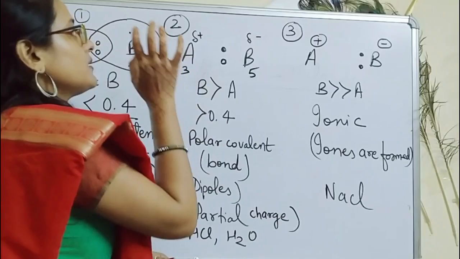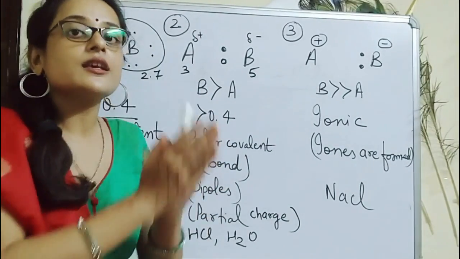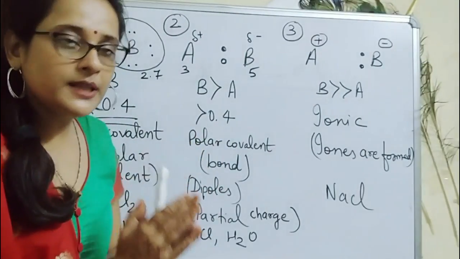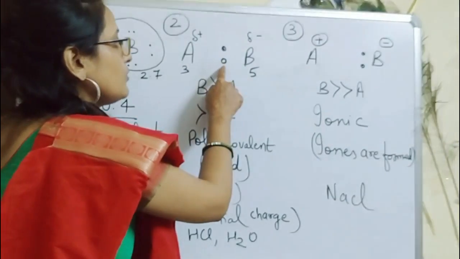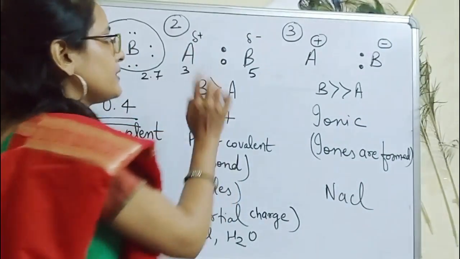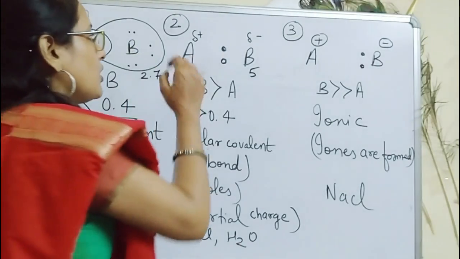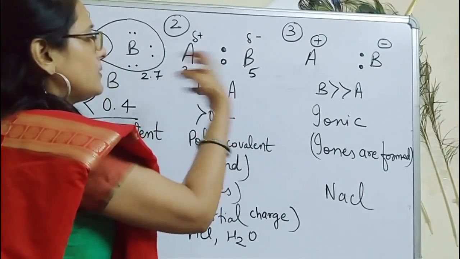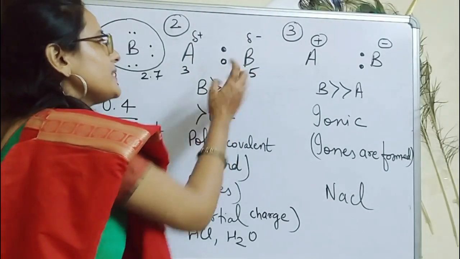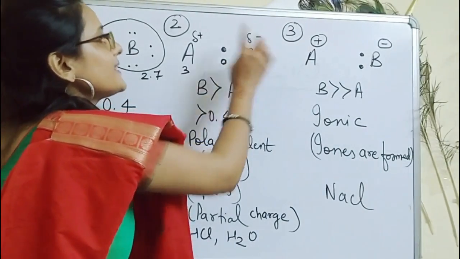In that case, the bond which will be formed between A and B will be called a polar covalent bond. Polar covalent bond means due to attraction of this electron more towards B, B will develop a slight negative charge and A will develop a slight positive charge. Because A is in loss, it is losing that electron pair, and B is gaining that electron pair, it has more power, so it will develop a slight negative charge.